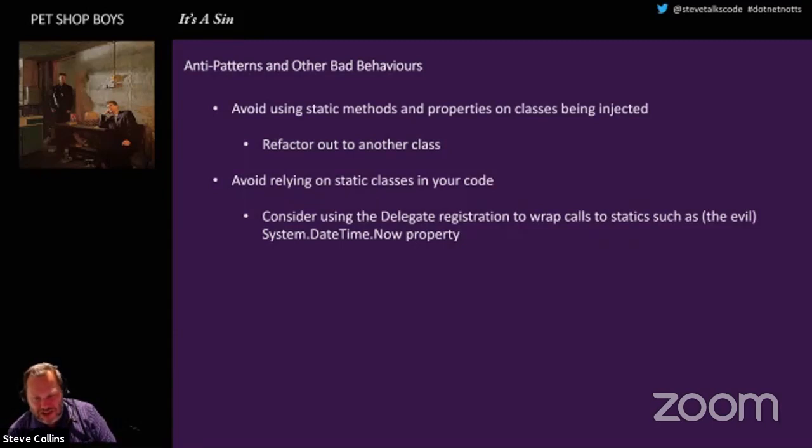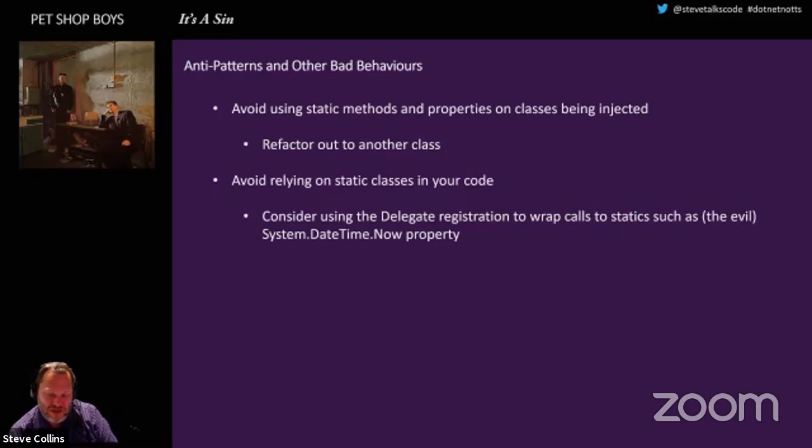So what I try to do, going back to what we were saying about factories and the delegates, is create a class that's effectively a wrapper over DateTime.Now. And either, if I'm using lots of properties of DateTime.Now, expose it via an interface, or if I'm just using Now or UtcNow, have a delegate that says get current date or get current date time, something like that, and let the delegate worry about talking to DateTime.Now.